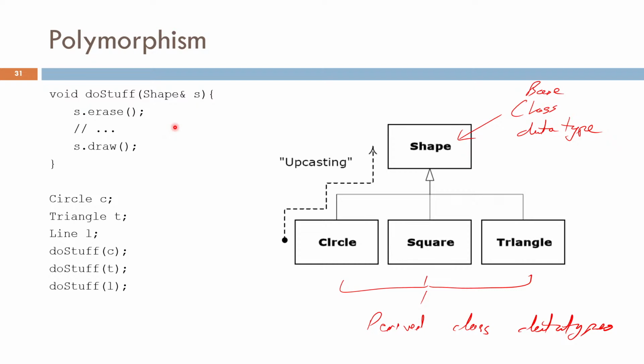That exists because of the is-a or is-like-a relationship due to the inheritance. So this concept where you're using these derived class data types as our base class data type for a particular function is what we refer to as polymorphism or upcasting.